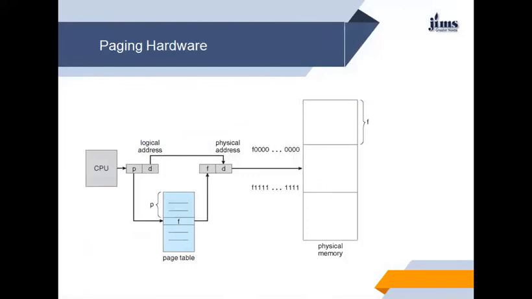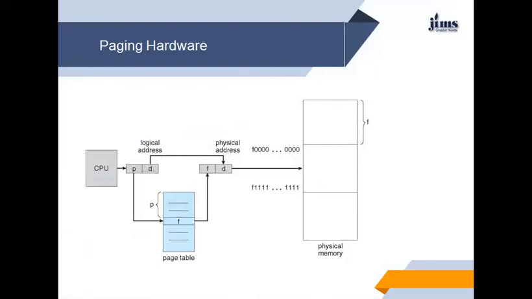If F is the frame number, then for this particular page number there is a particular frame, and the same offset value D will be added to this frame, and then we are able to get the physical address of the main memory.